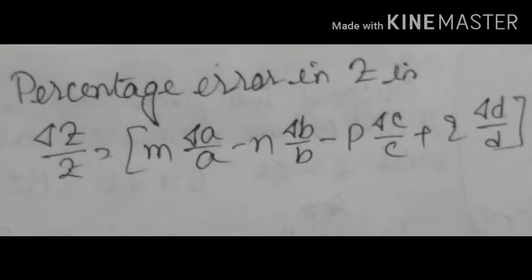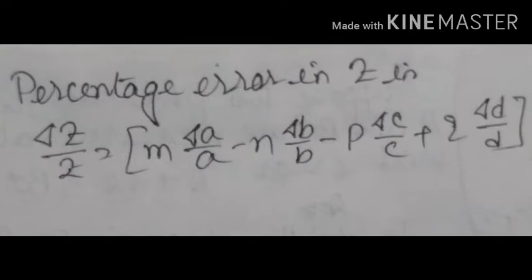We are aware of index and logarithm in mathematics, and we have to know about derivatives or differentiation. We will learn it later, but with the help of index and logarithm, we can explain the percentage error in z: delta z by z is equal to m into delta a by a minus n into delta b by b minus p into delta c by c plus q into delta d by d.